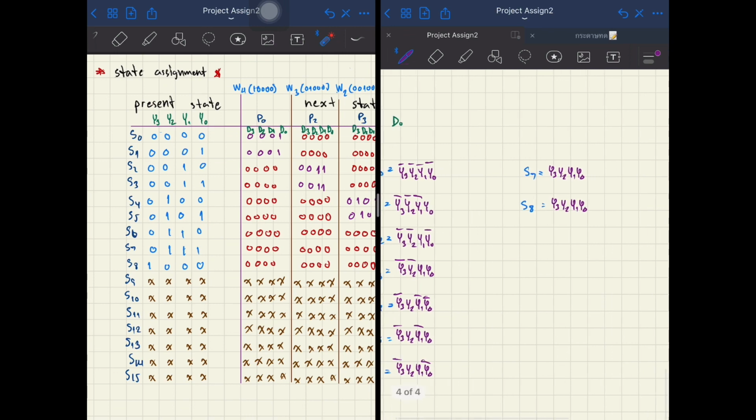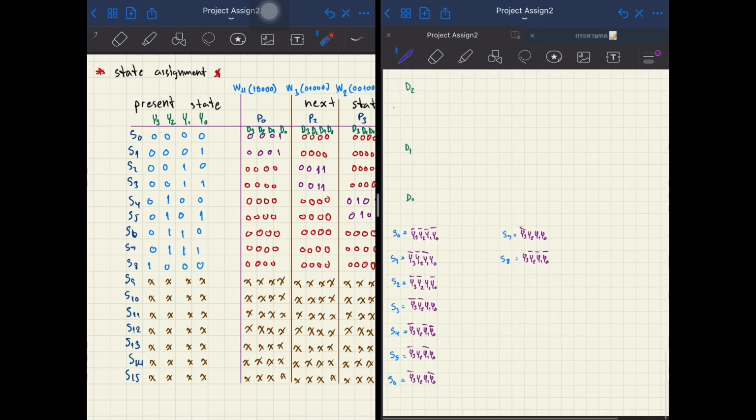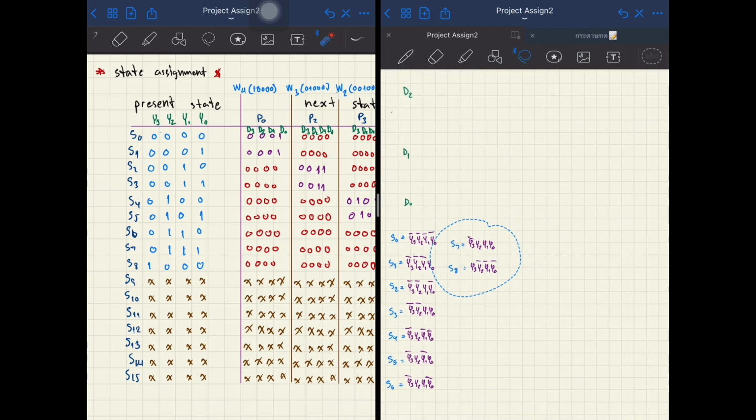S7, or state 7, is 0 1 1 1, so we give it only at y3. And the last one, state 8, is 1 0 0 0, so we give it to y2, y1 and y0. And then we do the W terms.